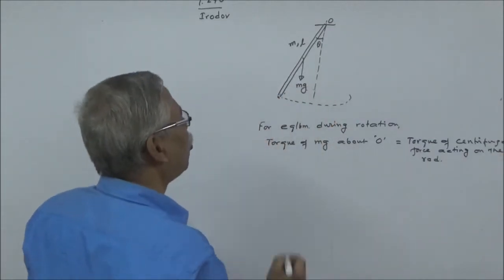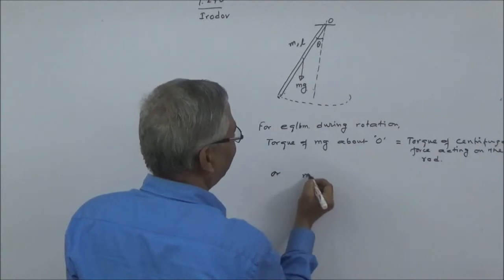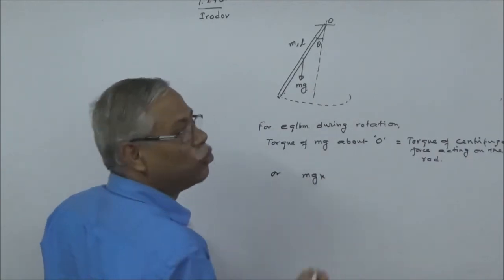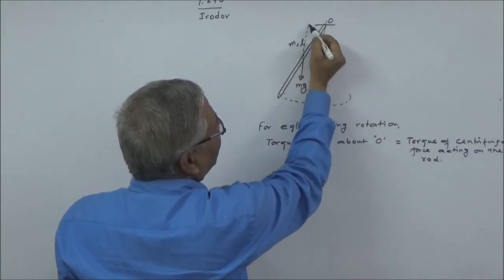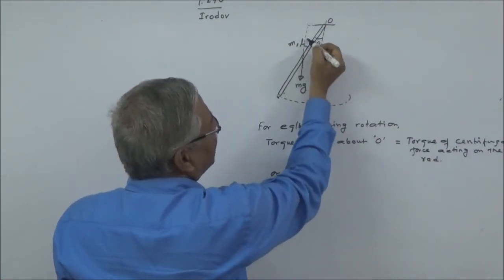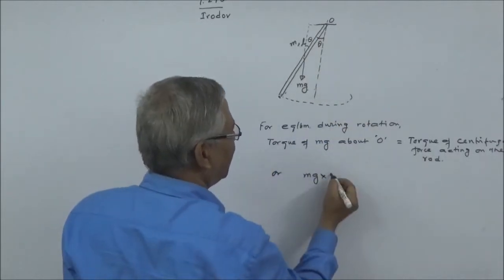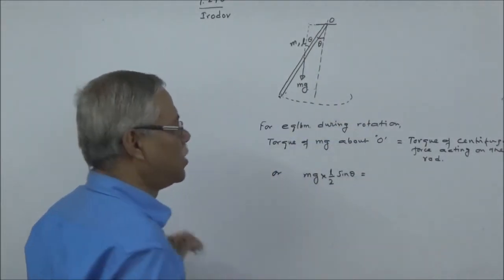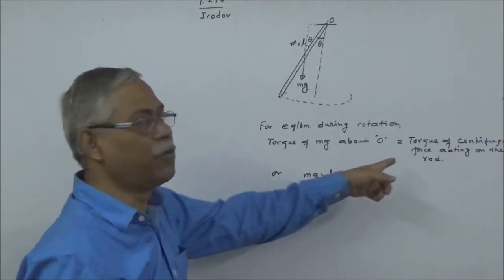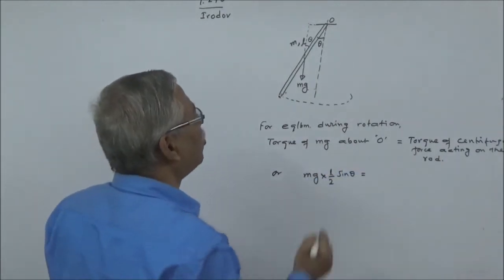The torque of mg about O is mg into the perpendicular distance. This angle is theta, so the perpendicular distance is L by 2 sin theta. So the torque is mg into L by 2 sin theta.